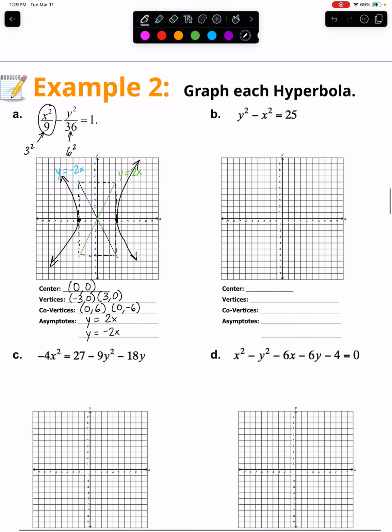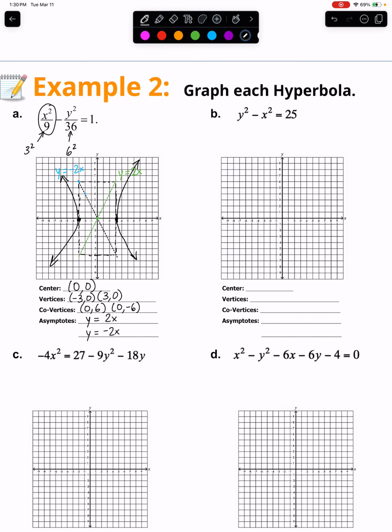All right, let's try another one here. Graphing. So divide both sides by 25. Divide by 25, divide by 25. So I'd have y squared over 25 minus x squared over 25 equals 1. So this is really 5 squared, right? So my center is at the origin, 0, 0.